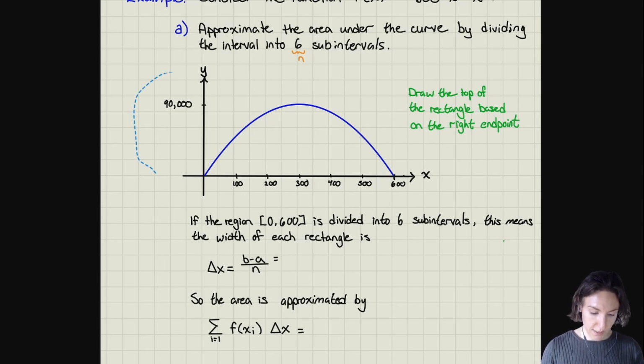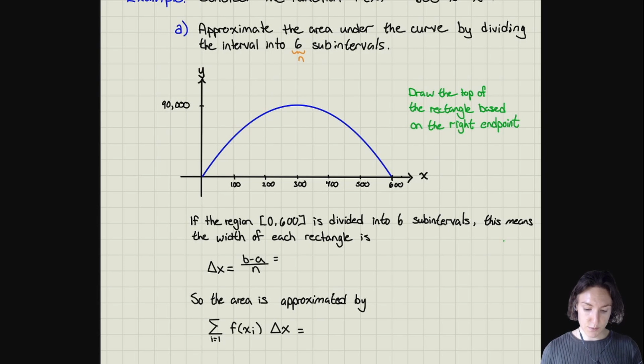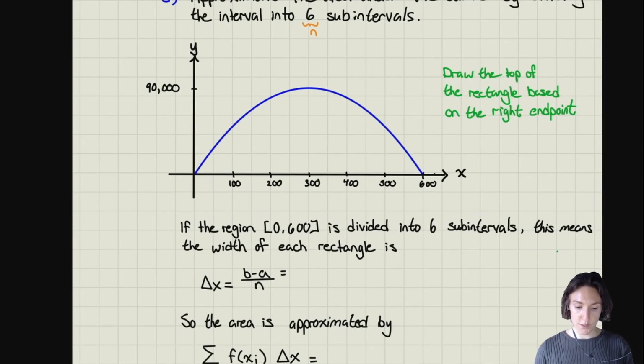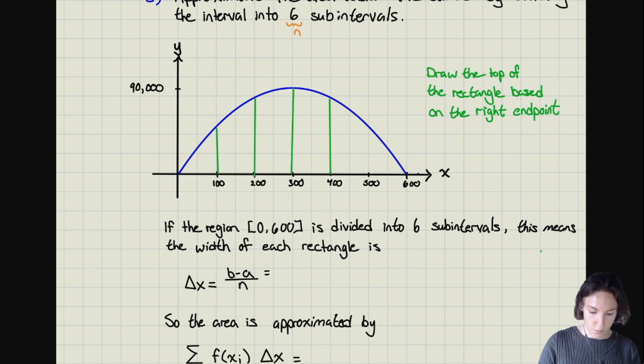So if I'm splitting this up into 6 intervals, and my x is between 0 and 600, how wide are these going to be? Well, you may see quickly that the first one would be at 100, the second one at 200, the third one 300, 400, 500, and 600.